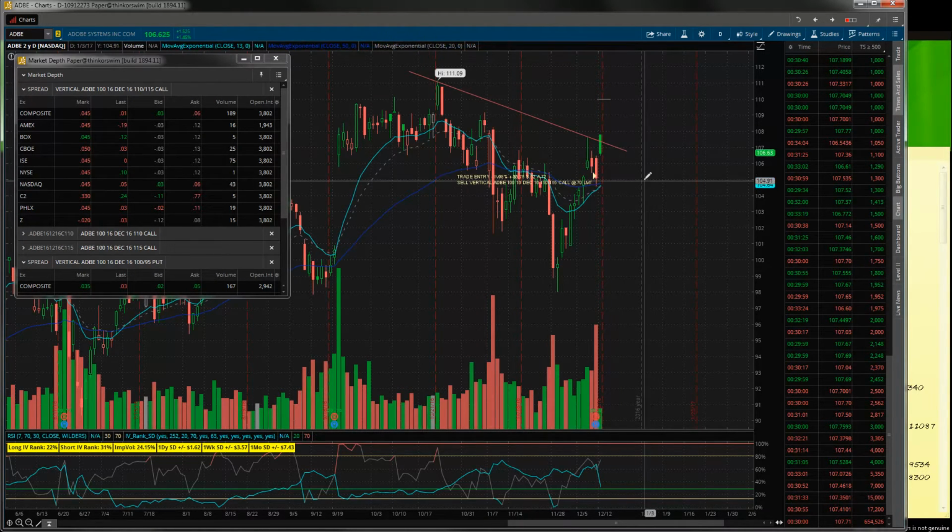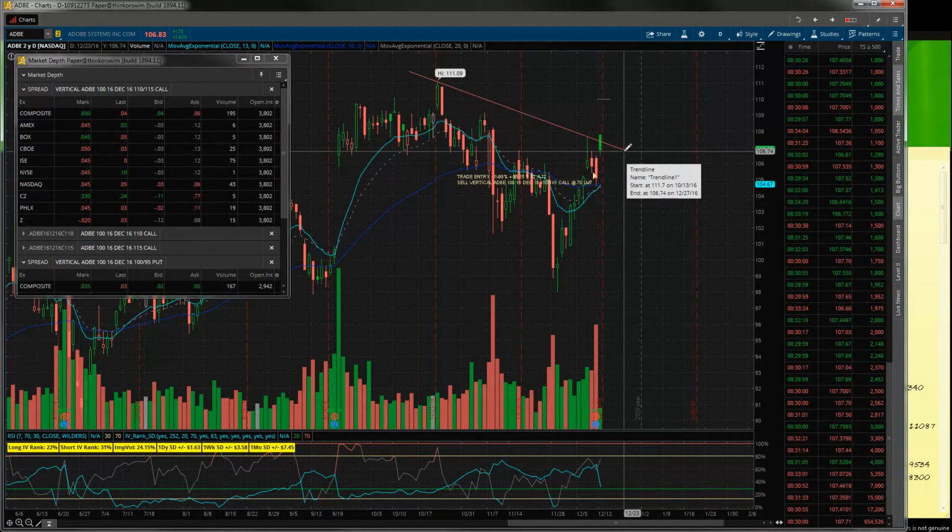And yesterday I was saying how I didn't think it would move much. Well, it was a $5.50, $5.75 expected move. And what's it moved? $1.50.